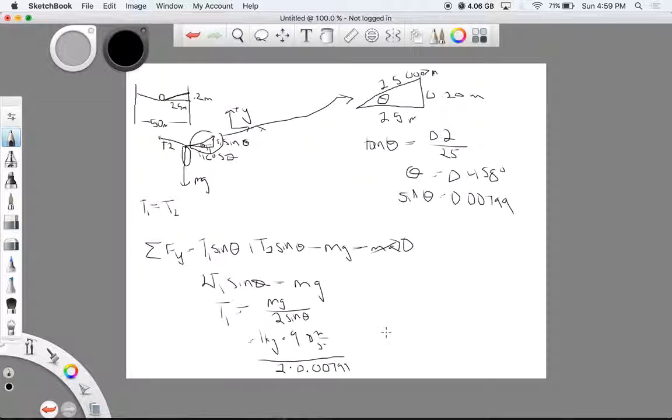If we do our division, 9.8 divided by 2 divided by 0.00799, we get that tension 1 is equal to 613.27 newtons.